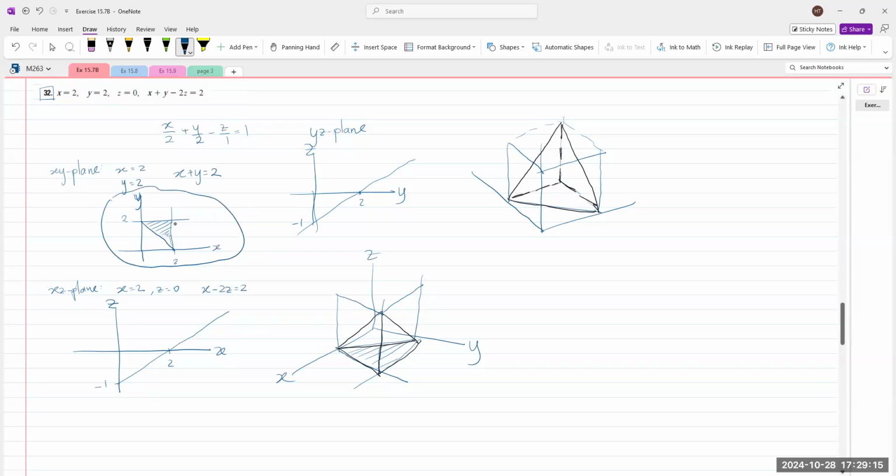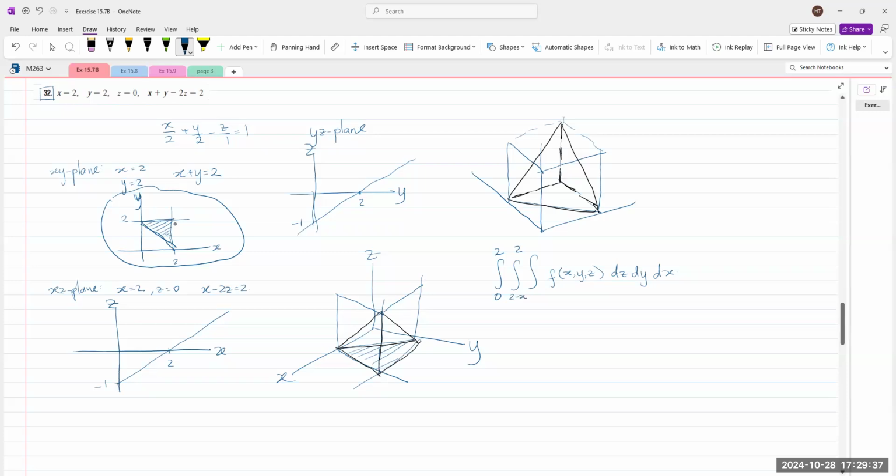So triple integral of f(x, y, z) dz dy dx. x will be from 0 to 2. The y will be from this line here to y equals 2.